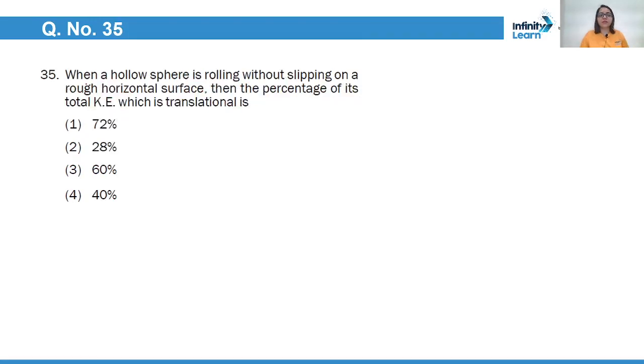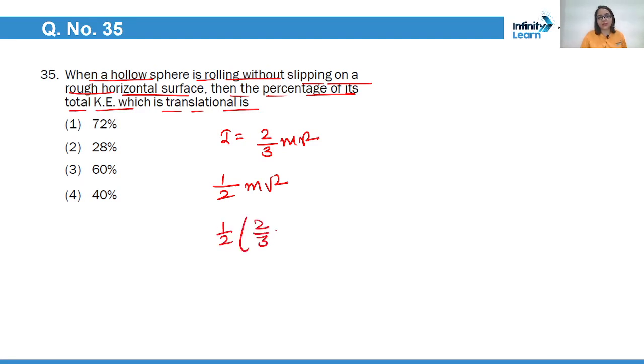Question number 35. When a hollow sphere is rolling without slipping on a rough horizontal surface, then the percentage of its total kinetic energy which is translational is? So this is a hollow sphere. Its moment of inertia will be 2 by 3 m r square, and its translational kinetic energy is half m v square. Rotational is half I omega square, and omega can be written as v upon r, so this is v square upon r square.